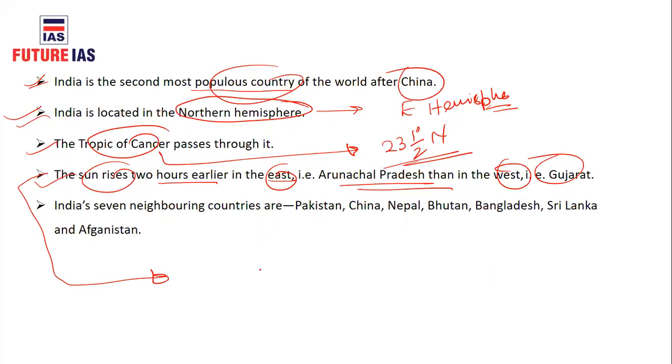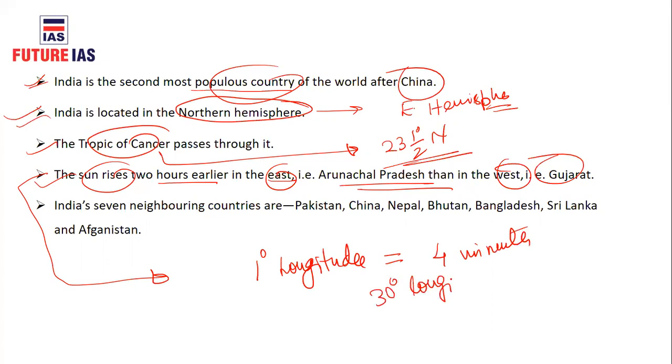Because as I told you, 1 degree longitude corresponds to 4 minutes. For example, you have a 30-degree longitudinal difference between the east and west.